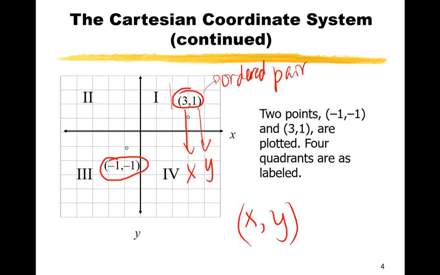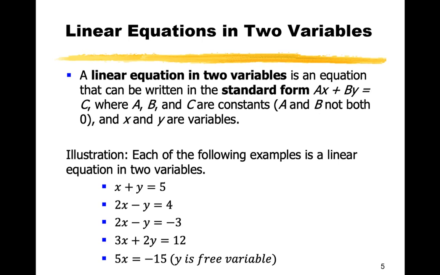Ayan. So, basically, that's the Cartesian coordinate system. So, anong significance ng Cartesian coordinate system sa discussion na to? Well, gagamitin natin to para makapag-graph, para ma-visualize natin yung mga itsura ng ating linear equations. Okay? Ayan. Let's proceed to the next slide.